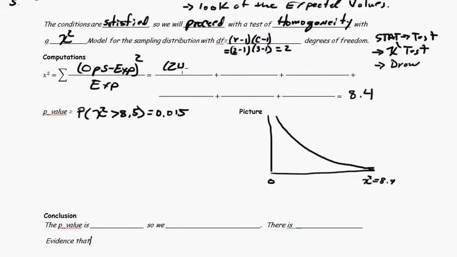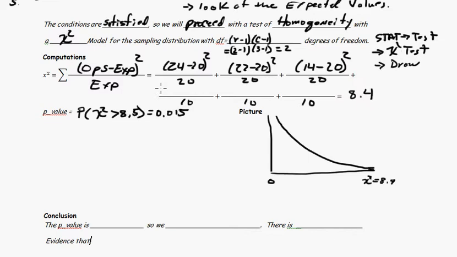It doesn't take that long, and it just helps me remember what I'm doing, where this chi-squared value comes from. So I just take every observed value and subtract it from the expected value, square it, and divide by the expected value. These are all going to be 10.